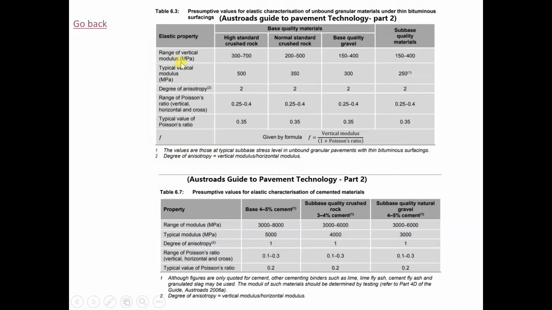So the vertical modulus, and also we have to talk about the Poisson ratio. So these are the material characteristics: the modulus and the Poisson ratio.